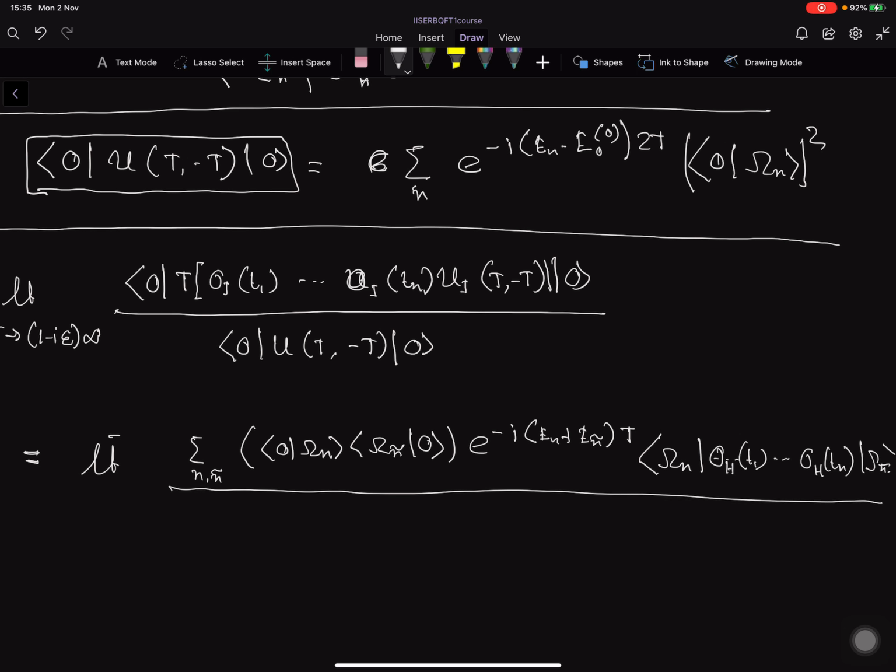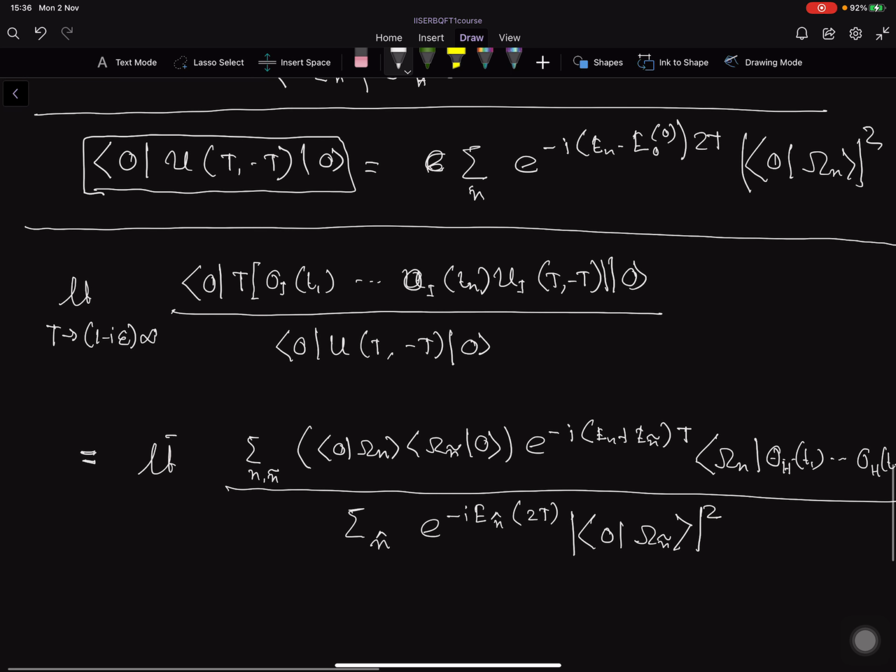Over some sum over n hat, exponential of minus i E_n hat 2t, <0|... Now the question is that we take this time into this small imaginary direction.